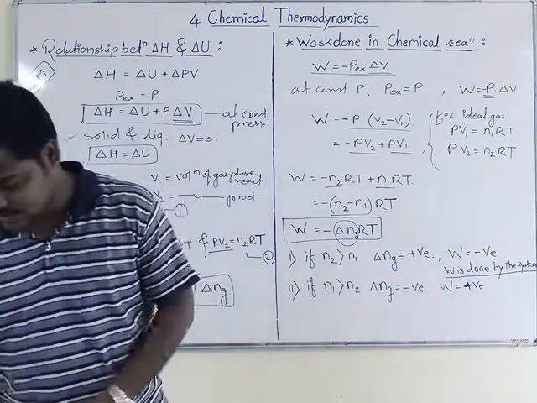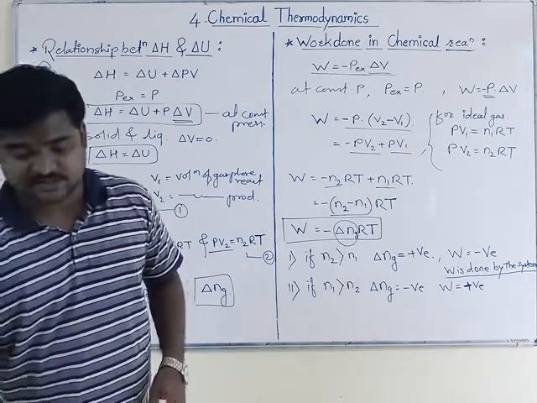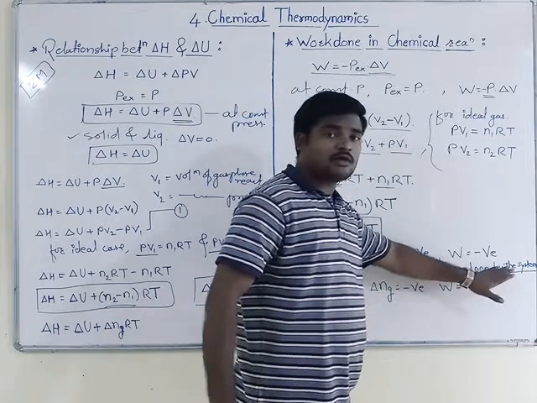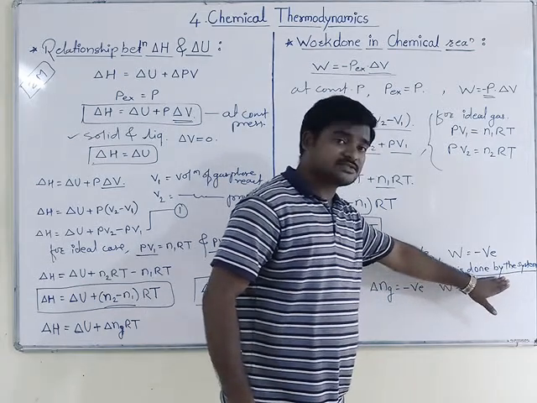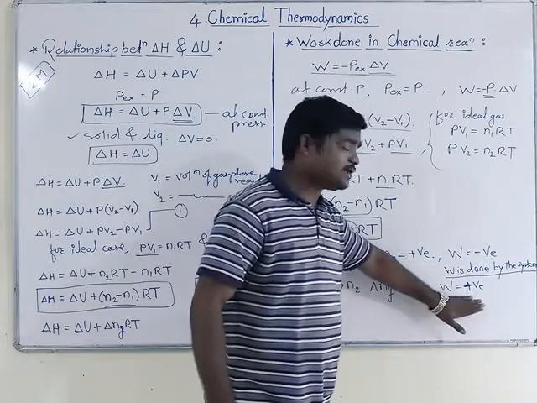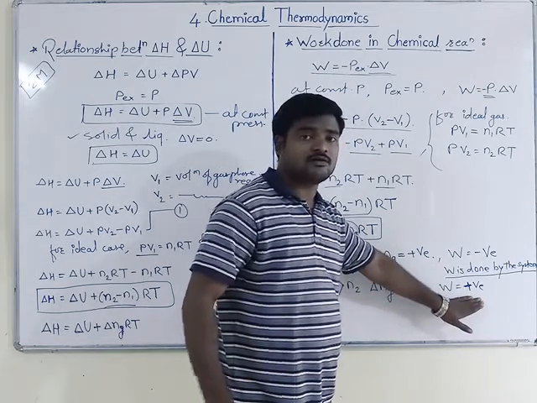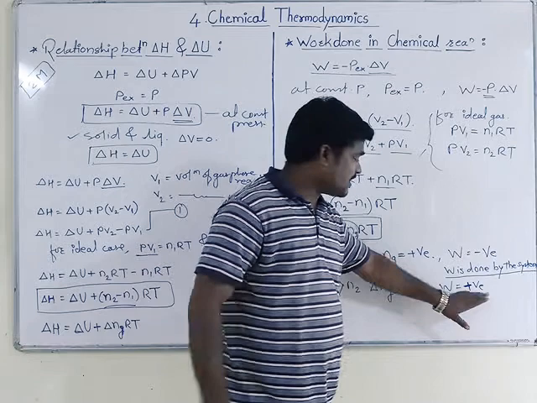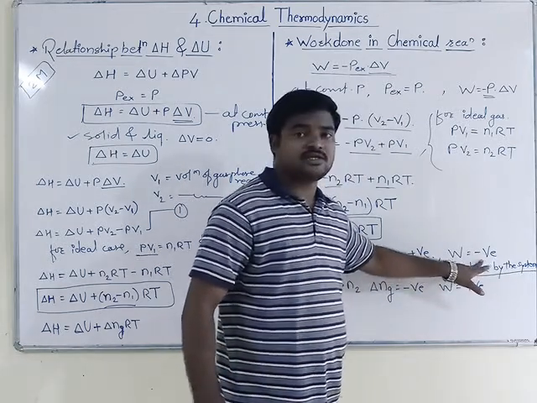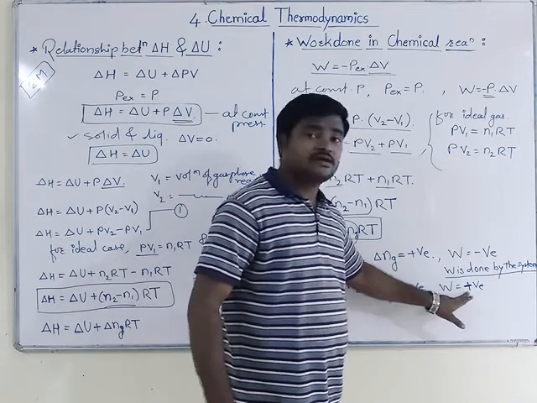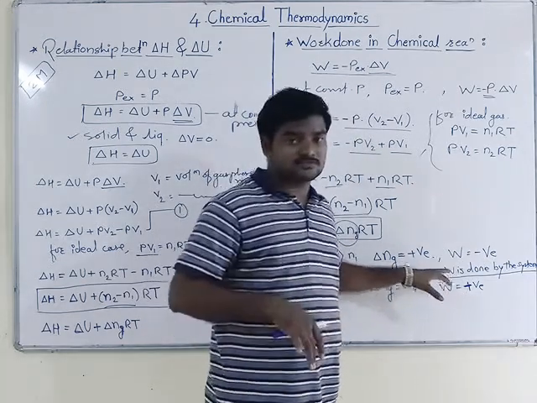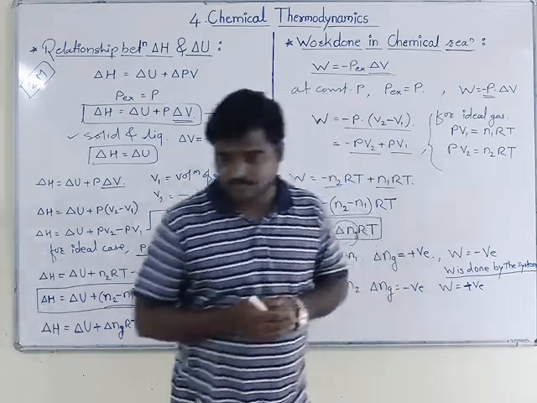So this is the second case. I will not write this sentence again because you know how to identify it. With the sign you can identify: work is done by the system if it is negative, and if W is positive, it means work is done by the surroundings on the system. The reverse situation will happen.